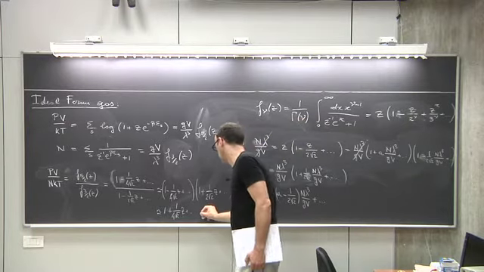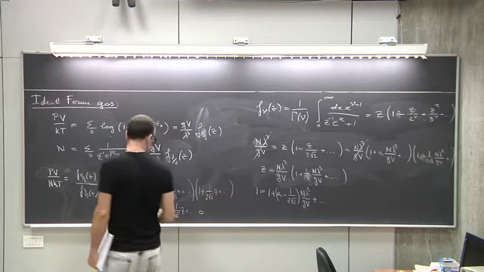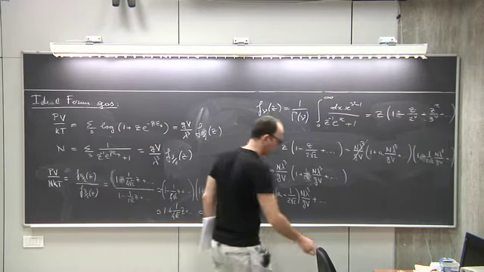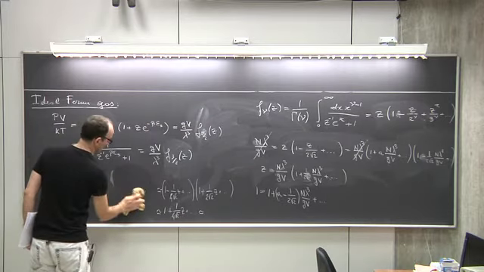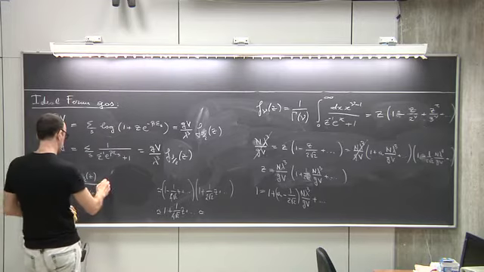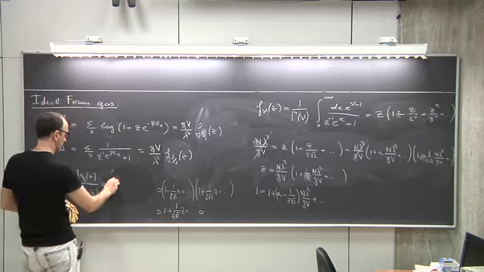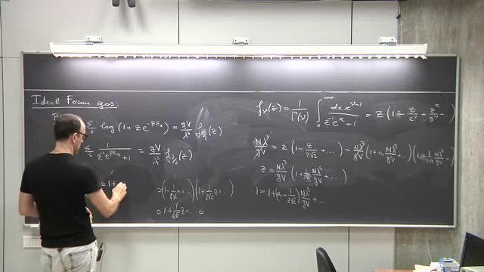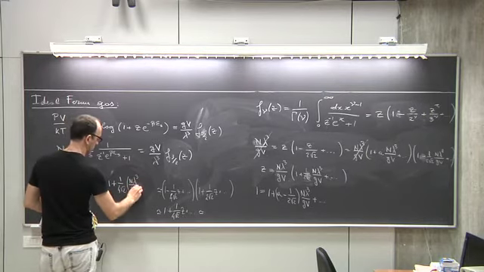So the final result is that at high temperatures the equation of state will look like this: 1 plus 1 over 4 square root 2 n lambda cubed over g.